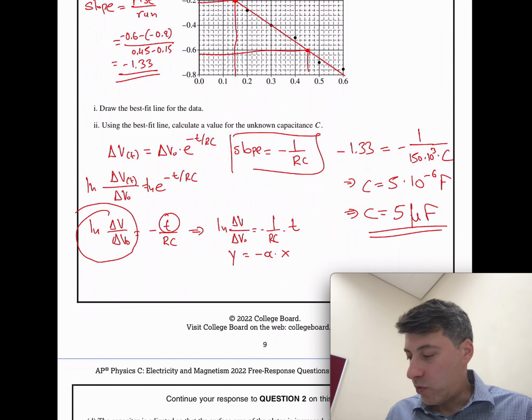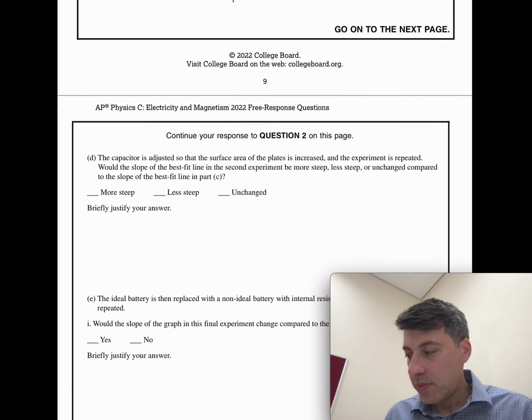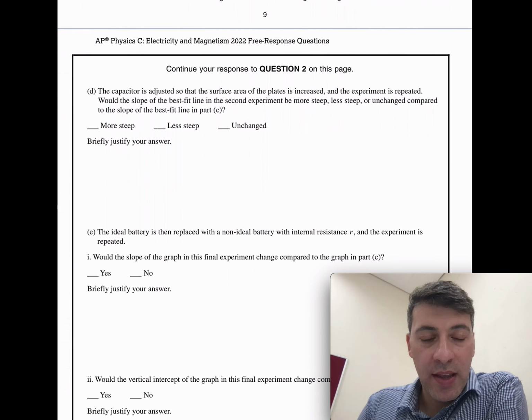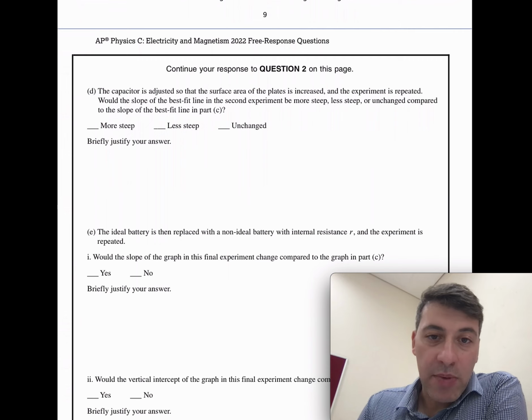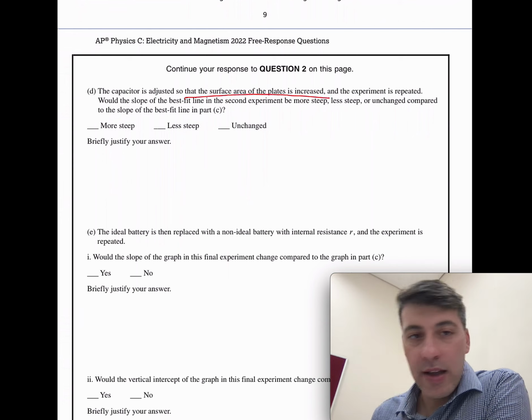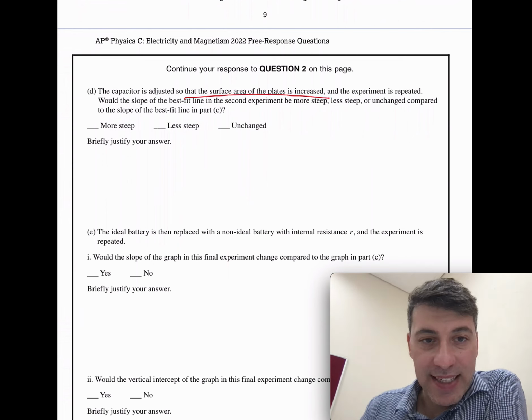Now we can move on to part D, where we need to mention what happens to the slope if the surface area of the plates is increased.